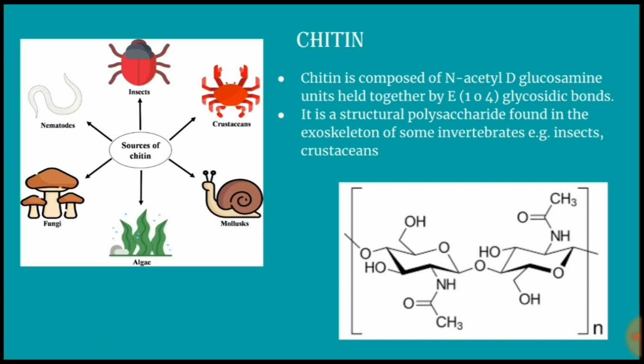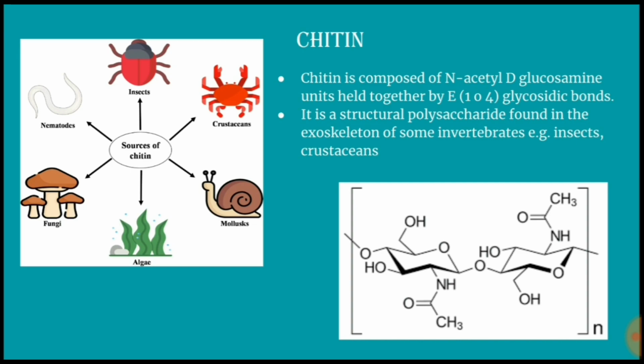Chitin is composed of N-acetyl D-glucosamine units. So till now we saw the glucose and fructose molecules. This one is another type of polysaccharide consisting of only N-acetyl D-glucosamine units, which are held together by β-1,4 glycosidic linkage. So this chitin is observed in shelled organisms or the exoskeleton of invertebrates.